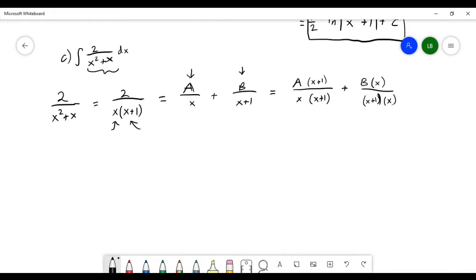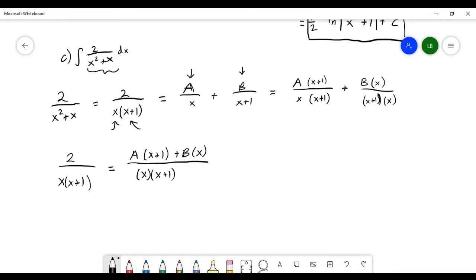So now what we have is 2 divided by x times x plus 1 equals A times x plus 1 plus B times x, all over, since they have the same denominator, we can just add them in the same fraction, x times x plus 1. These have the same denominator, so that means the numerators must be the same as well.